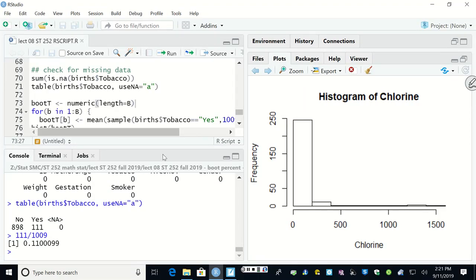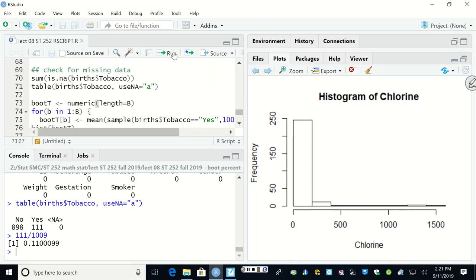I don't know if this is when they're pregnant, before they're pregnant, or just before birth, but some are using it. And so we want a confidence interval for that proportion. We can use a bootstrap and resample from the data. The data are these yes or no values.